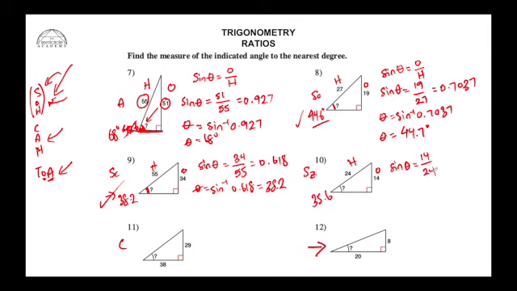So 14 divided by 24 gives us 0.5833. Right? So theta is equal to the sine inverse of 0.5833, which is 35.68. Pretty cool.